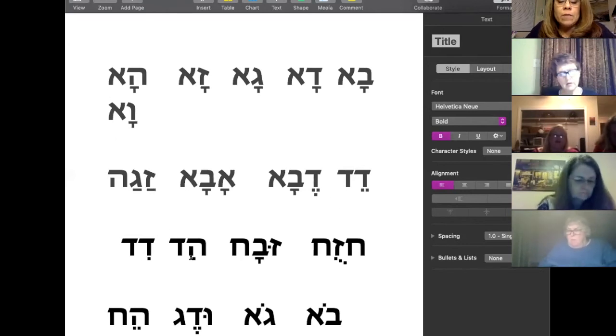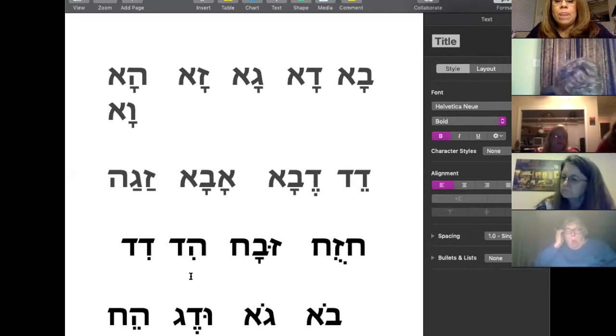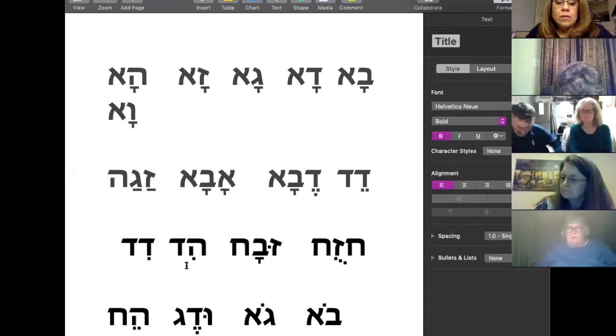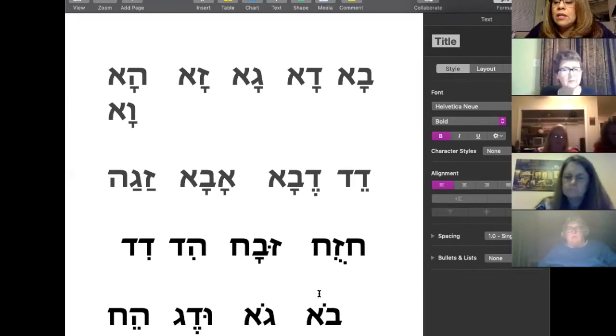This dot right here, let's look at the third line. Always, the dot at the bottom of a letter is an eh sound, as in "isn't." The vowel at the top of the letter, to the side normally, is an O sound.